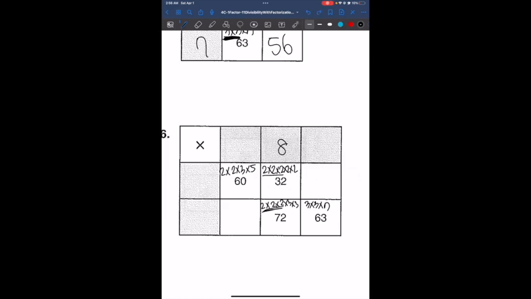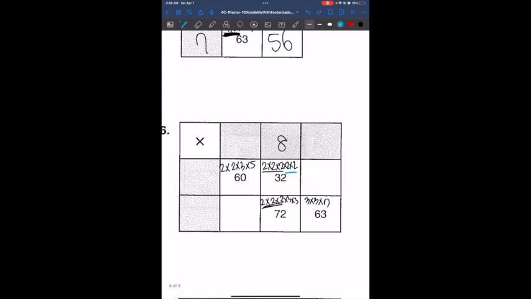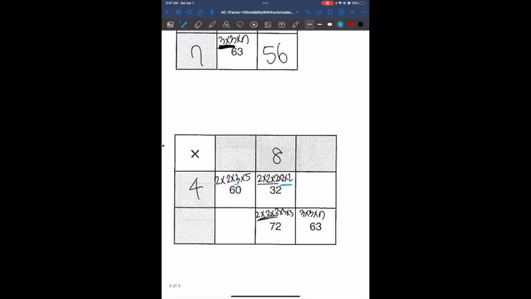And 8 is 2 times 2 times 2. And so the remaining 2 times 2 is going to go in this square, so that's going to be 4. And then we know that these two multiplied gives us 60, and 4 is 2 times 2. So the remaining 3 times 5 is going to go in this square, so that's going to be 15.